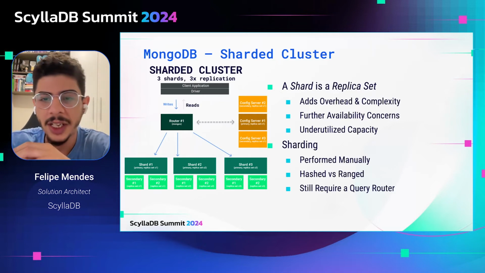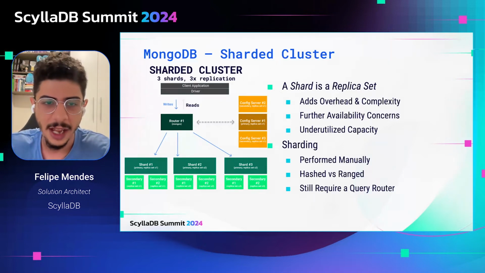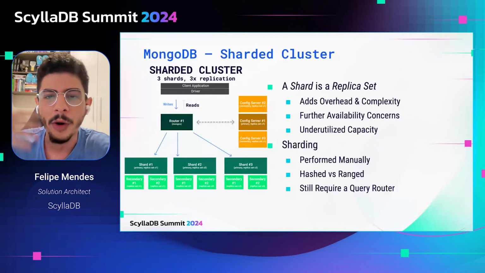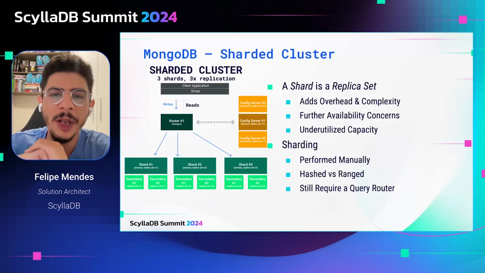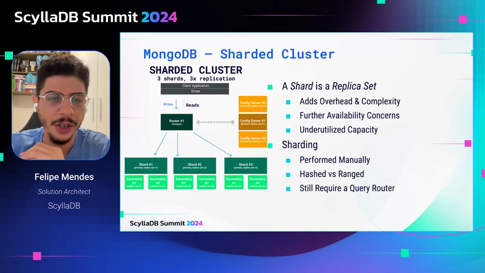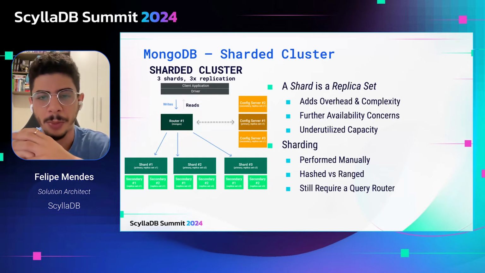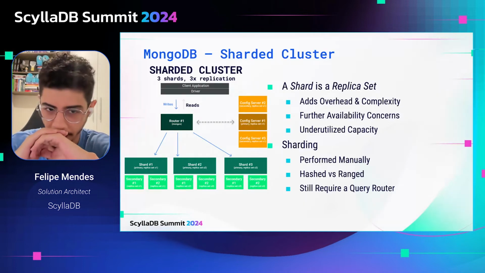Finally, in MongoDB, data sharding is done manually. You can choose from either a hash or a range-based sharding approach, and then your MongoDB query routers will be responsible for correctly routing your requests to the appropriate shards in your cluster.